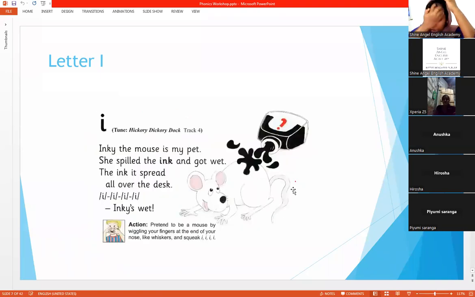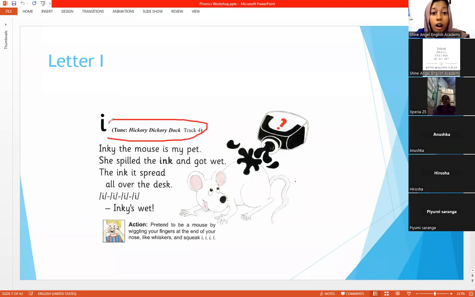Next one is letter I. Here the sound is E. The letter I is E, the sound is E. Now I want to tell you that you can sing it to the children.